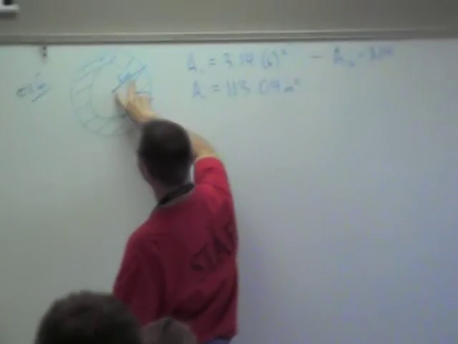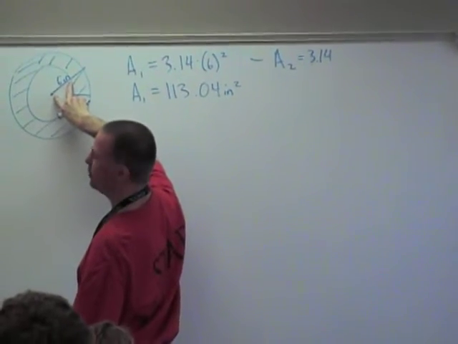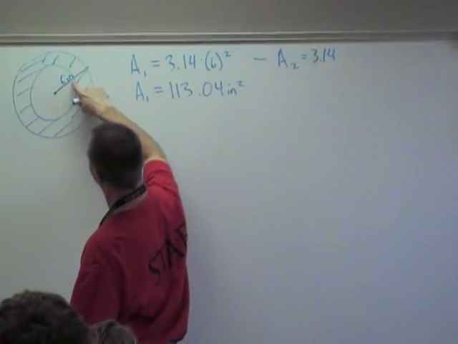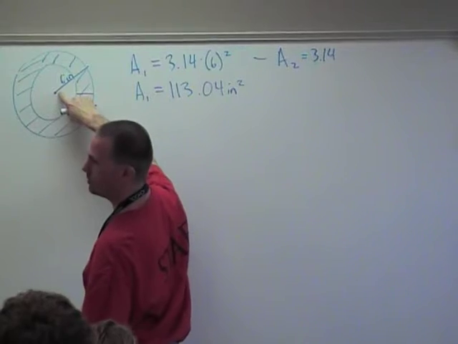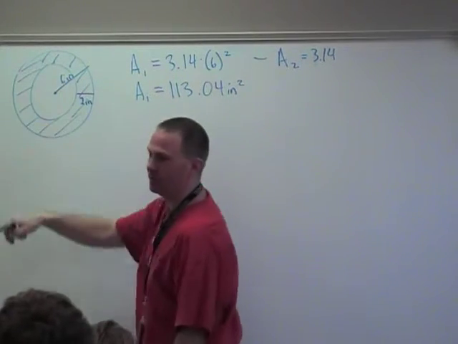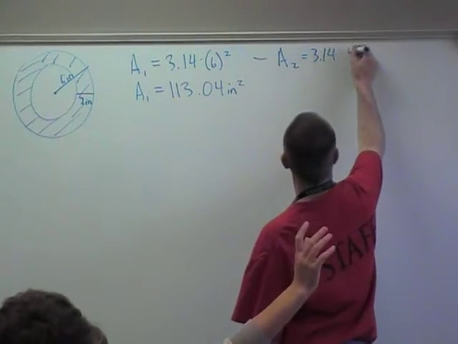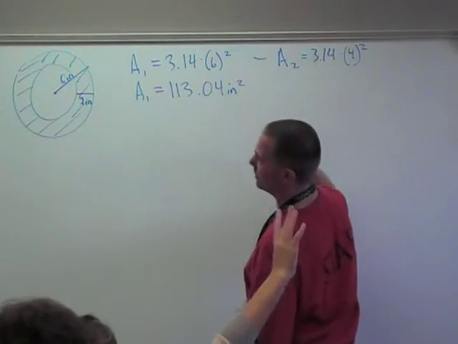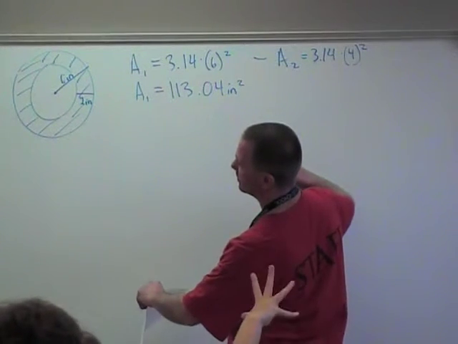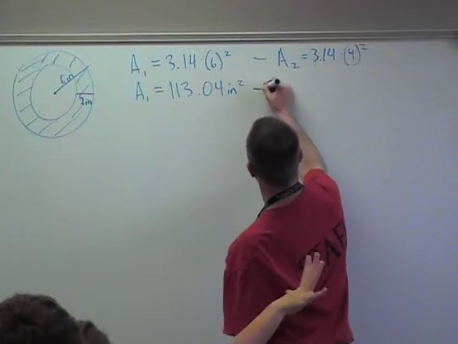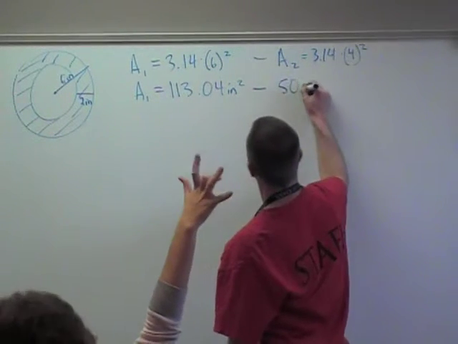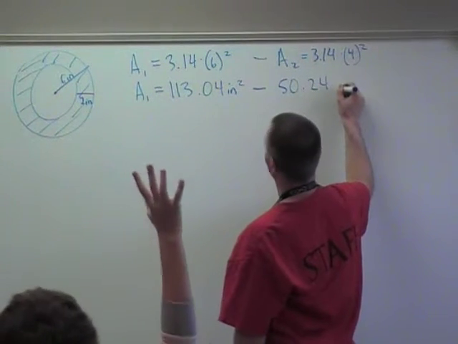The inner circle is pi, 3.14. What's this radius then? 4, because you subtract off this 2 right here. So this would be 4 inches. So I want the area of this center circle. We already did this, right? Yeah, example 4. So that was 50.24 square inches.